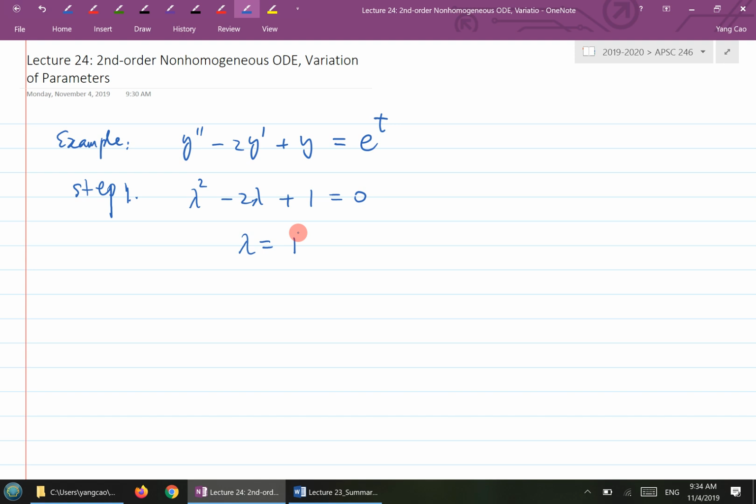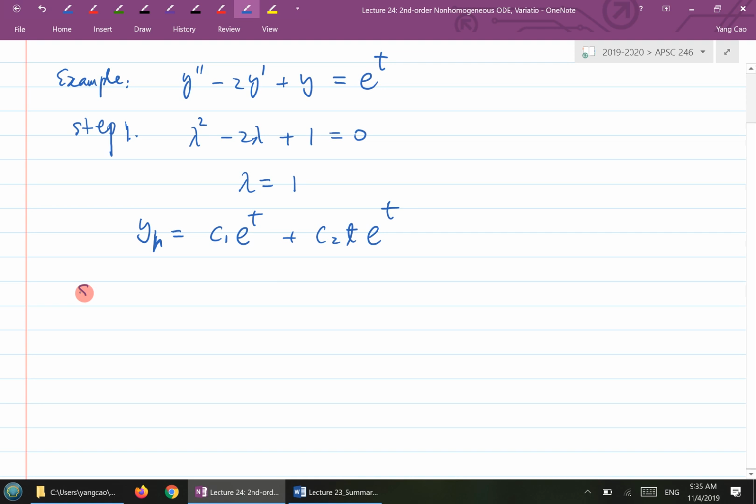So in this case, you have two repeated real roots, right? And when you have two repeated real roots, the general solution for the homogeneous one, which we call the YH, is equal to C1 times e to the power of lambda t, plus C2 times t e to the power of t. So that's your general solution for the homogeneous one.